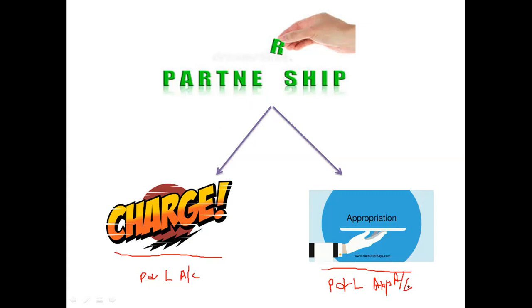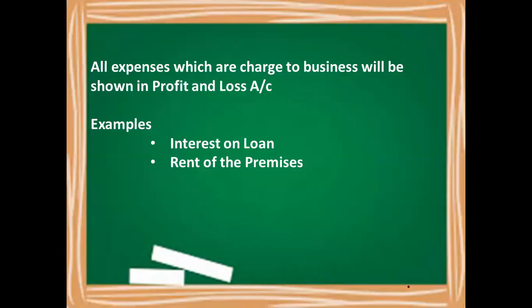So this clarity we need to have. Whenever there is a need of differentiating where to put an item, we need to understand its nature, whether it is a charge or an appropriation. All expenses which are charged to business will be shown in the profit and loss account.